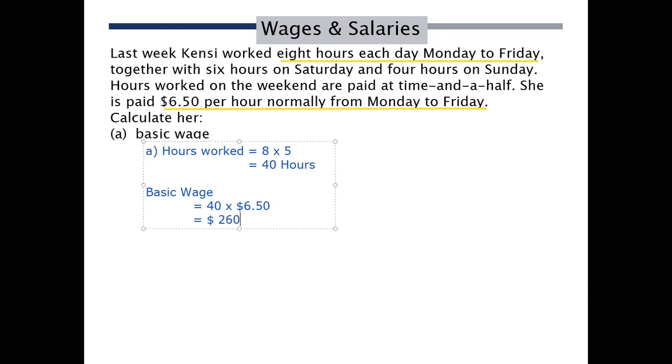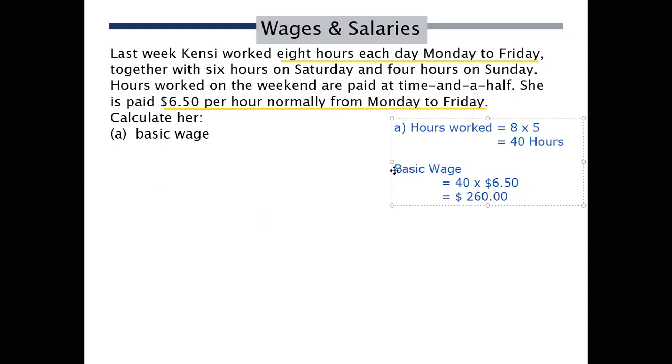And that's her basic wage. That doesn't include overtime yet, and definitely not any salary deductions. So I'm going to move this to the side. I know that so far her basic wage is $260.